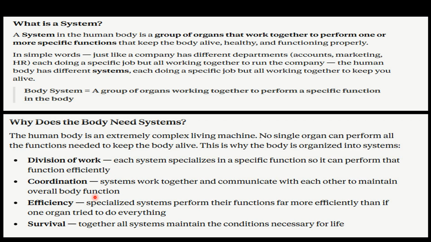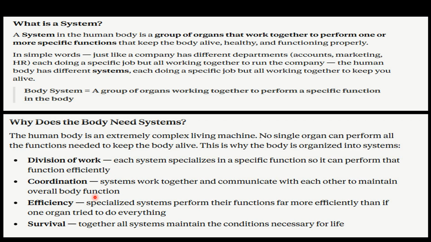So when a group of organs work together to perform a certain task, one or maybe more than one task, with the purpose to keep the body alive, healthy and functioning properly, then it is called a system.